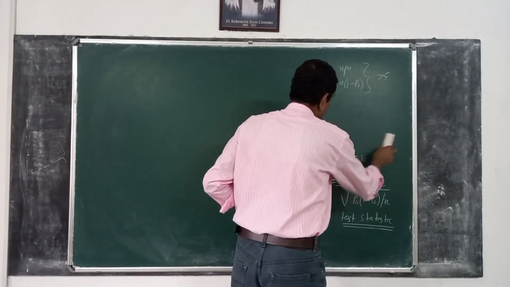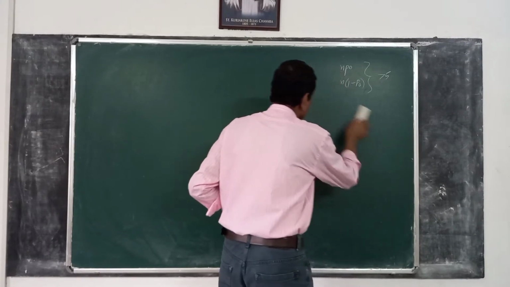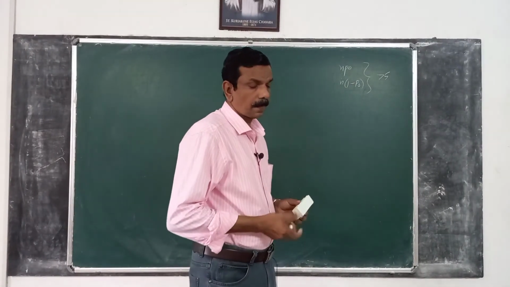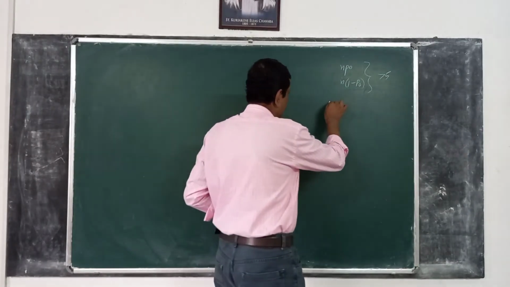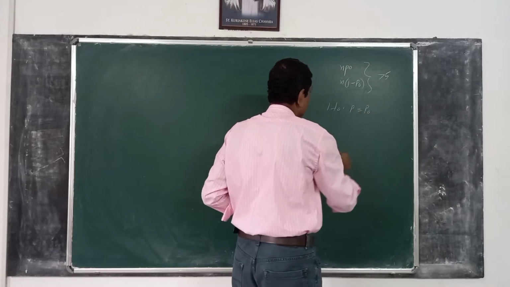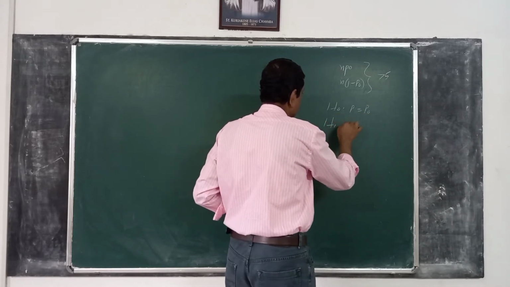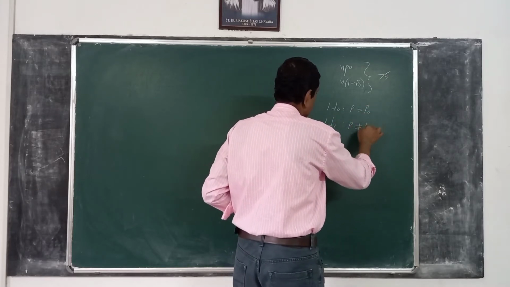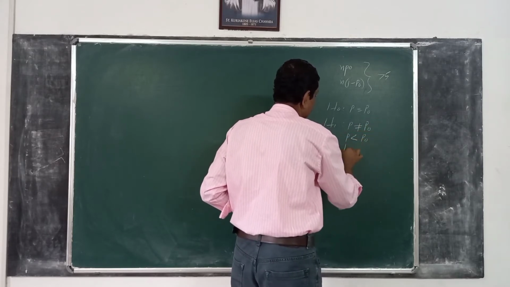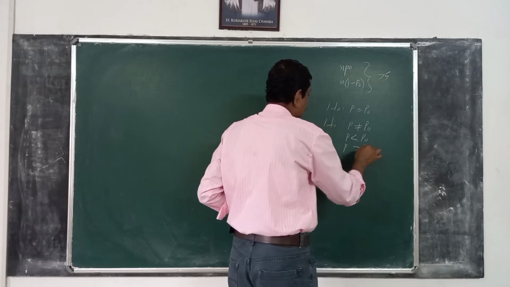Then, given that this condition is satisfied, the first step is to formulate H0: p is equal to p0, against H1: p is not equal to p0, p is less than p0, or p is greater than p0.